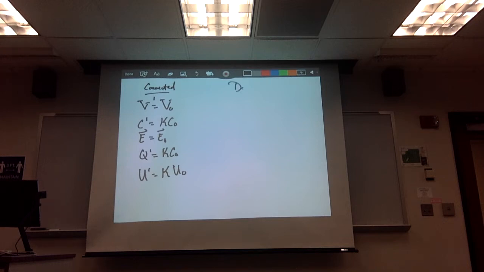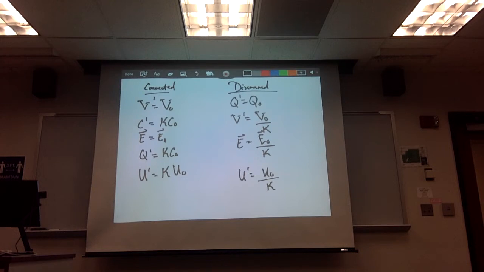If it is disconnected, in this case, what stays the same is the charge. The potential ends up decreasing by an amount of the dielectric constant, which means that the electric field also decreases by an amount of the dielectric constant, which means the energy also decreases by an amount of the dielectric constant.